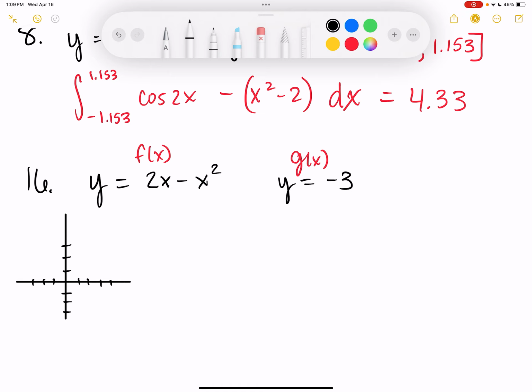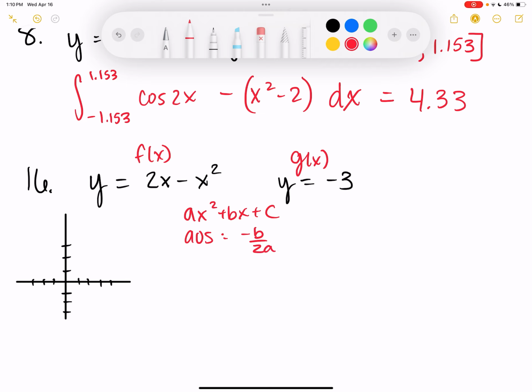And I think we could use some refresher on how to graph a parabola. So, normally a parabola is of the form ax squared plus bx plus c. So, we have an axis of symmetry at minus b over 2a, which would also be the x-coordinate of our vertex.